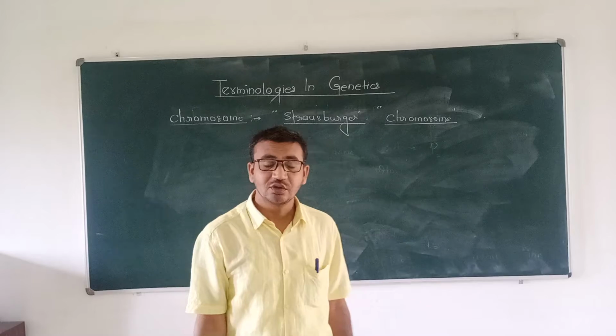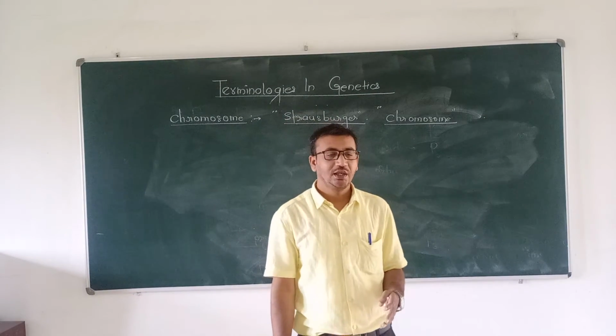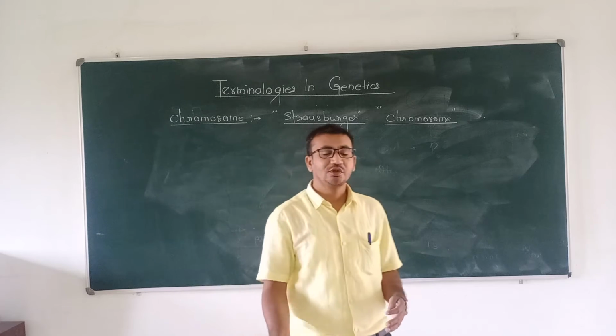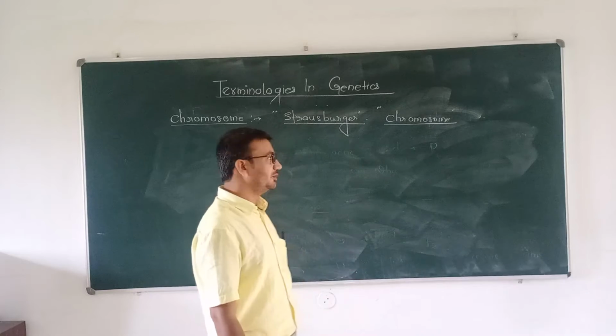The meaning of chromosome: chroma is color and soma is body. So the colored body which was observed in the nucleus is called the chromosome.